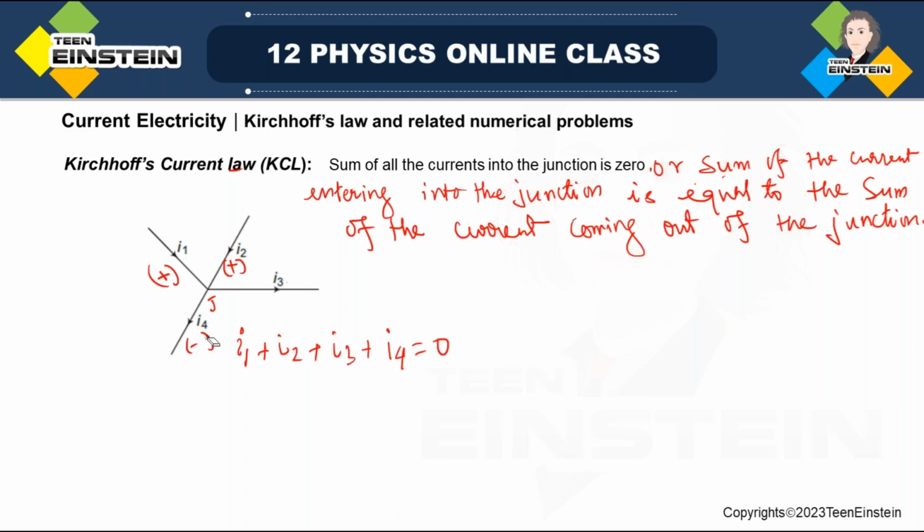Then this is also coming out of the junction, so according to the second statement, I1 plus I2 must be equal to minus of I3 plus minus of I4.